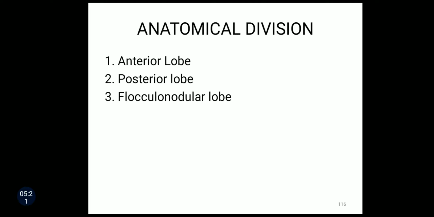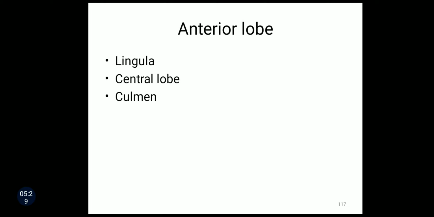Anatomically, it is divided into three lobes: anterior lobe, posterior lobe, and flocculonodular lobe. Anterior lobe includes lingula, central lobe, and culmen.